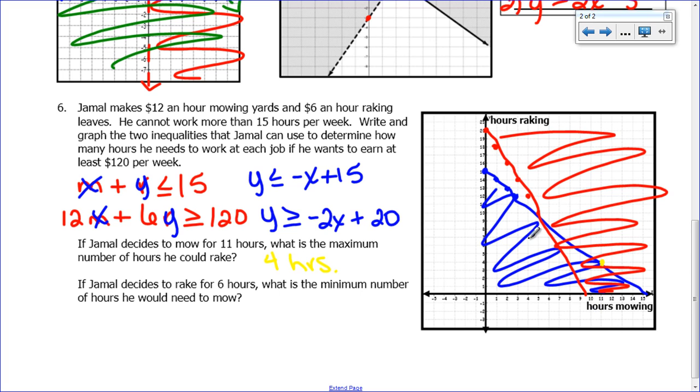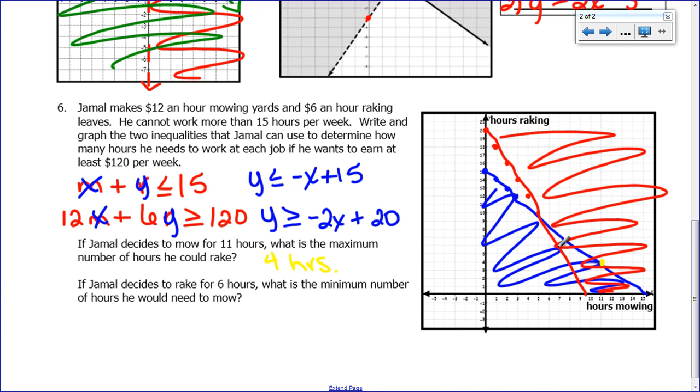Now the next one, if he decides to rake for 6 hours, what's the minimum of hours he needs to mow? Well, 6 hours is here. I go over, it meets the boundary line there, but if I go down, I'm not in the shaded region. So I need to go over a little more.